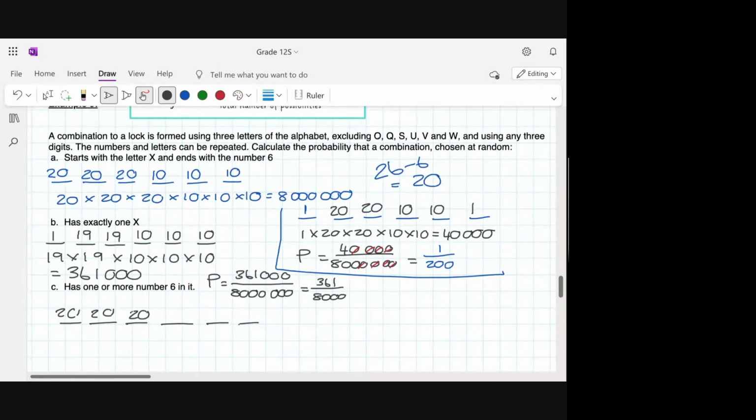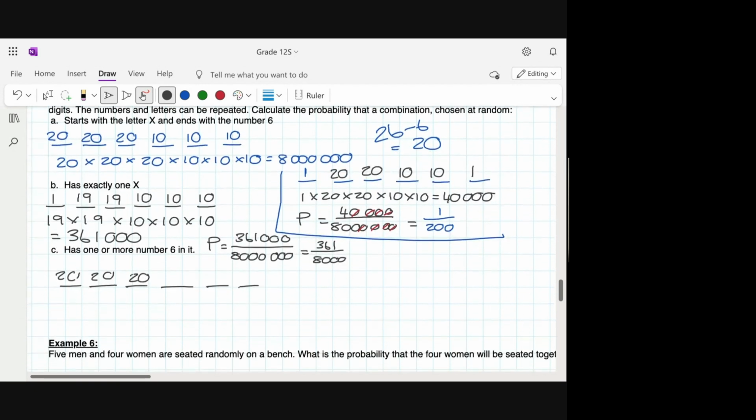How are we going to calculate that? Is it fair to say we could make this 1, 1, 1, because 6, 6, and 6?